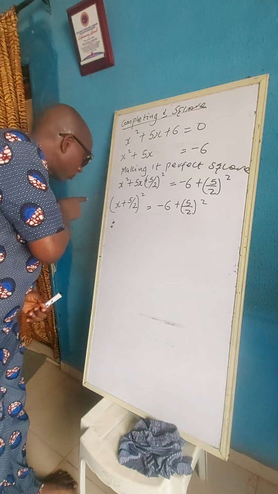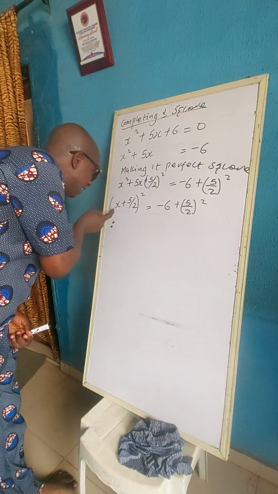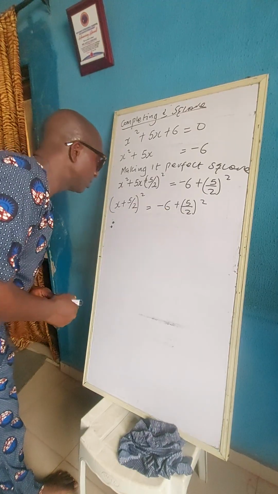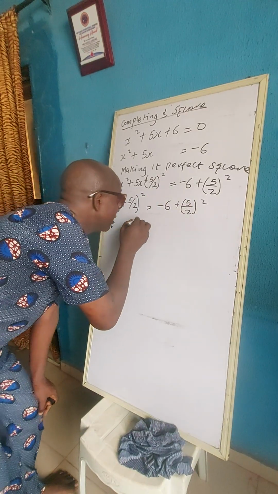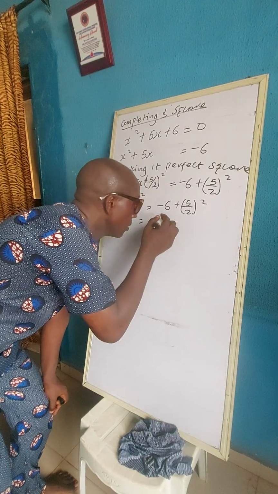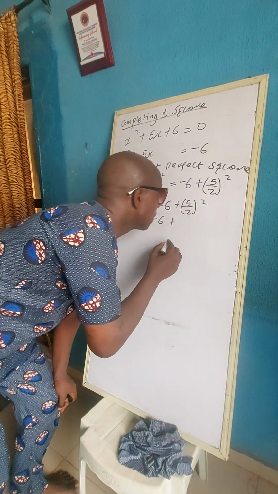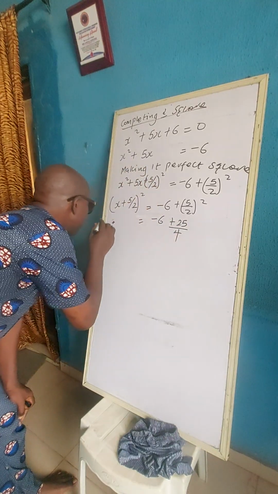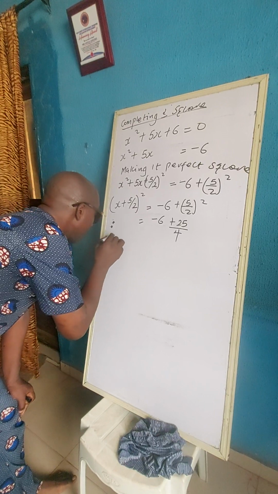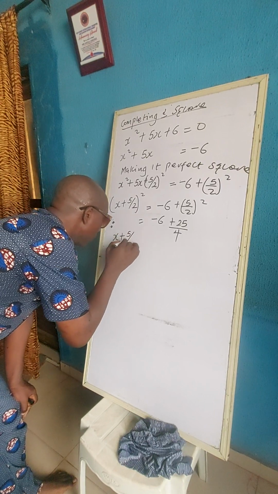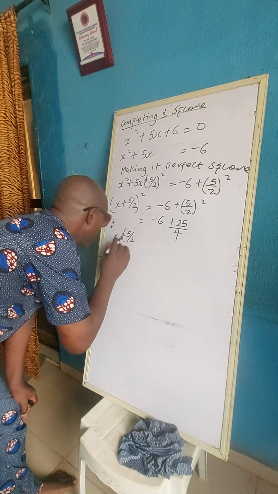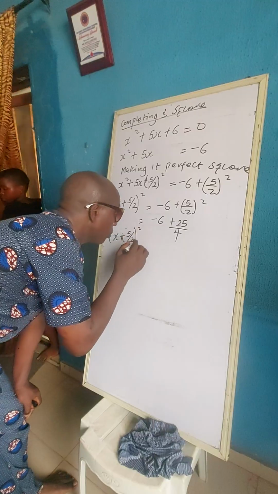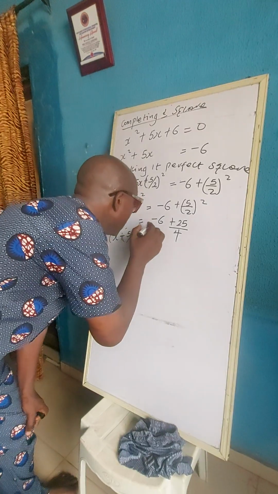Then you have tried as much as possible, the x is standing alone. That's the purpose. Let's try to simplify the right hand side. Minus 6 plus 5 squared is 25 over 4. This one becomes x plus 5 over 2 all squared equal to, what's the LCM of this?